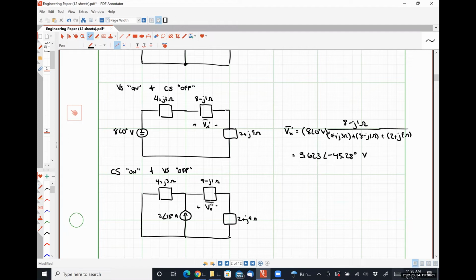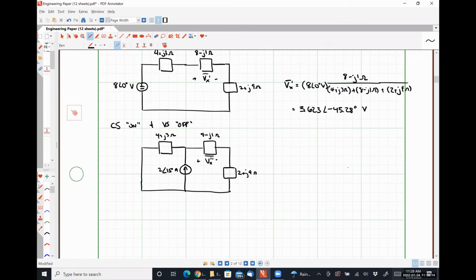Or we can do current division to find how much current flows through the right-hand branch and then multiply that by the 8 minus J1 ohm impedance. That's the route that I'm going to go.